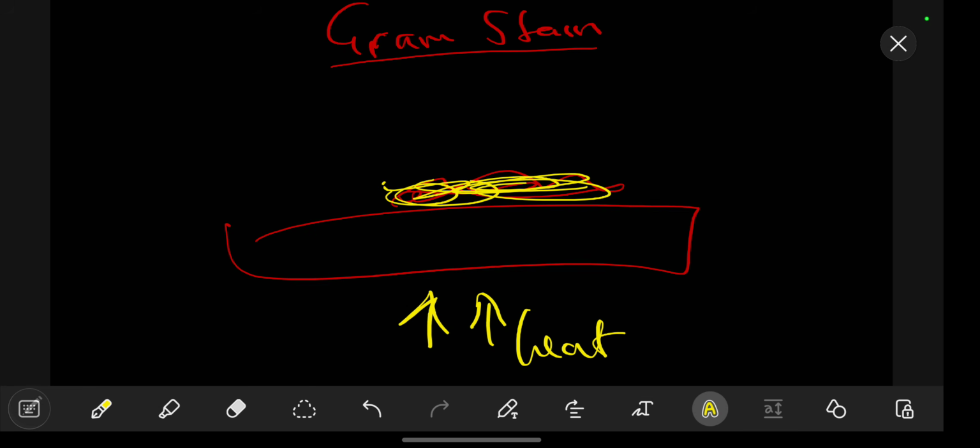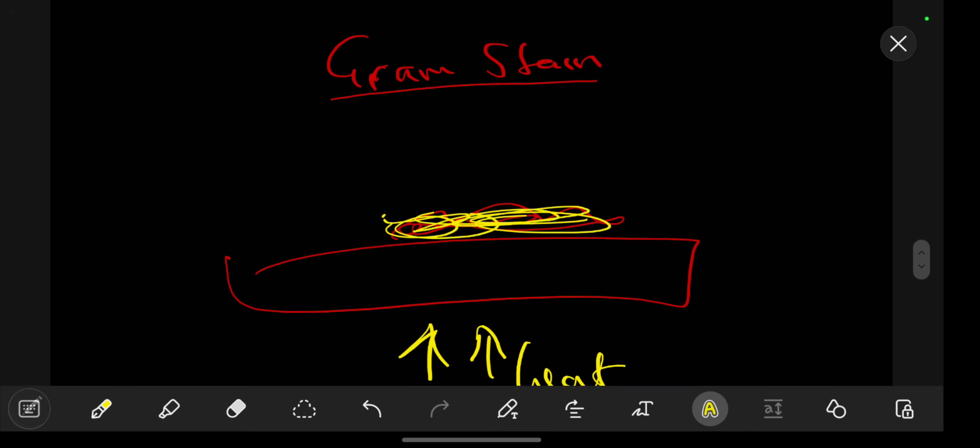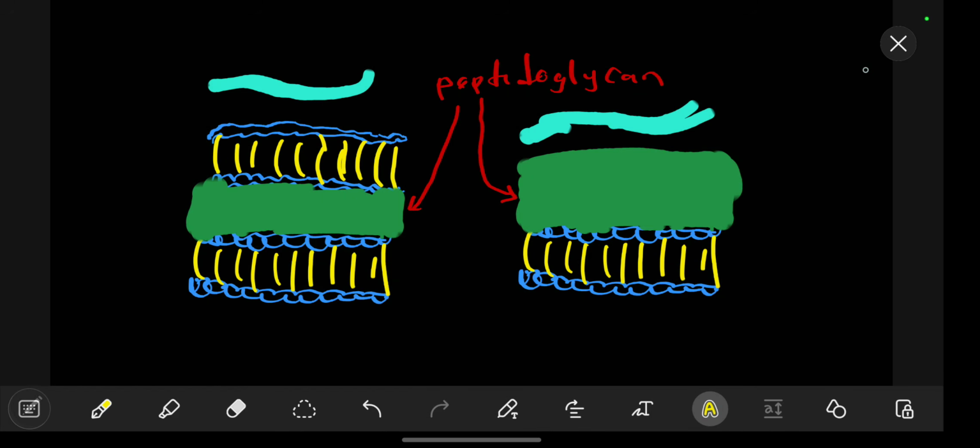Now, for gram staining, you have to know the structures. Firstly, we have the peptidoglycan, which is the cell wall of a bacteria.